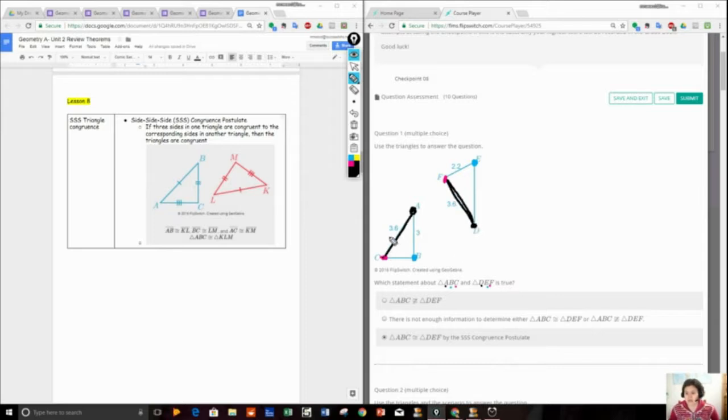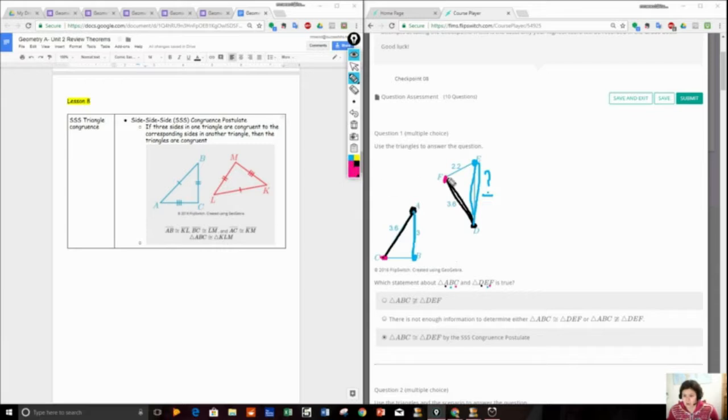And if we notice, they're both 3.6. So far we have one set of corresponding sides that are congruent. So now let's check another one. A to B's corresponding side is going to be D to E. And this side length is 3 and this side length is blank. So I'm not sure what that is.